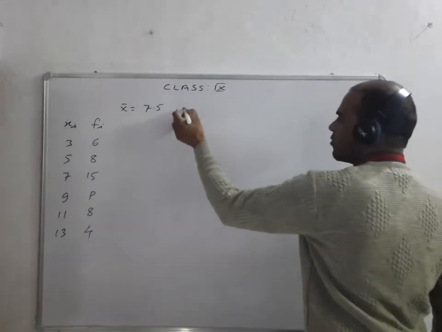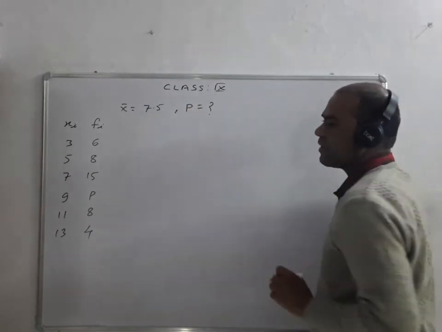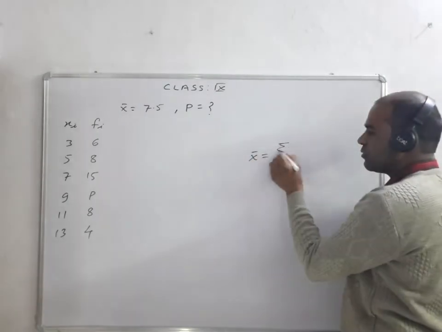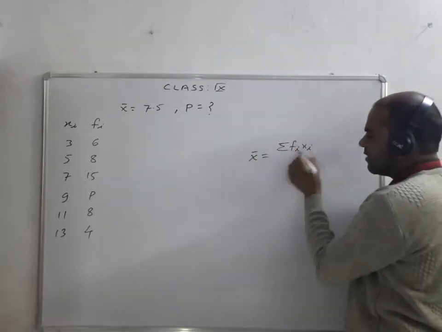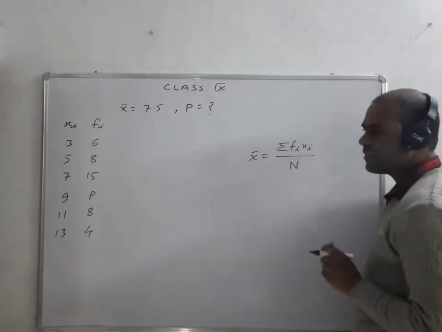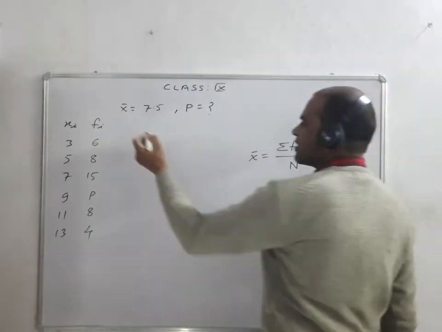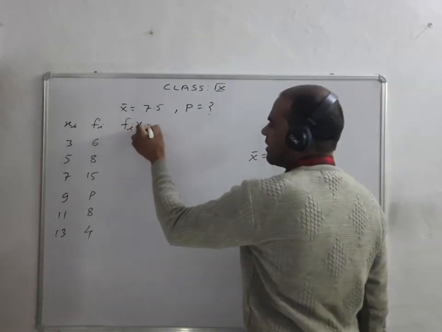So in this type of question, to find the value of p, we are using the formula for mean: x bar equal to summation of fi xi upon n, where n is the sum of frequency. Next column is fi xi.